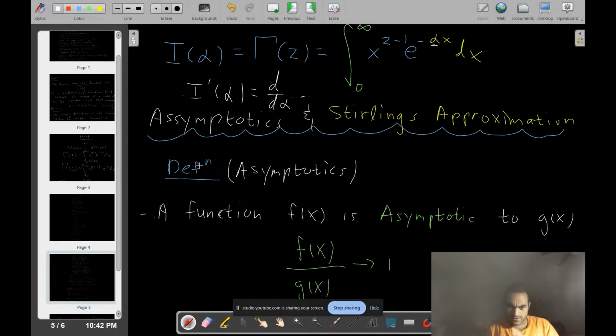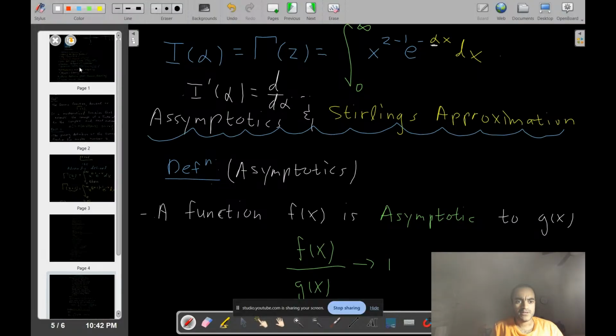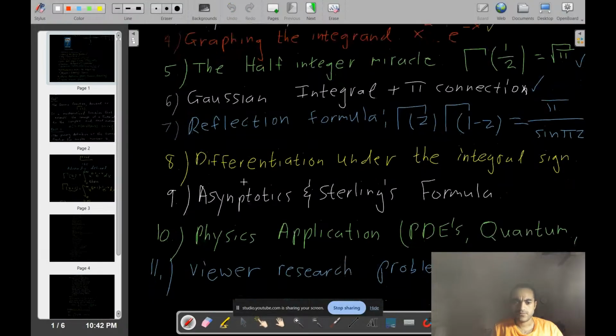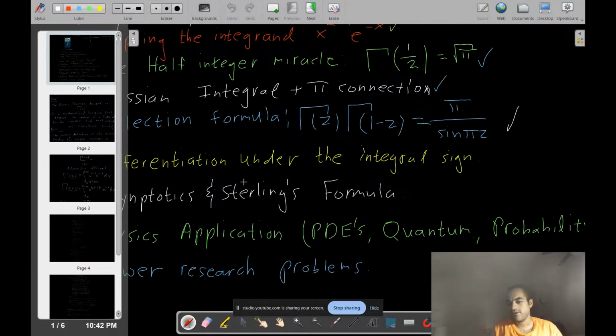All right, so the next thing we're going to move on to is the asymptotics and Stirling's approximation. It's another thing in my book that I'm going to talk about. It's a 322-page book. Yes, it's very rigorous.